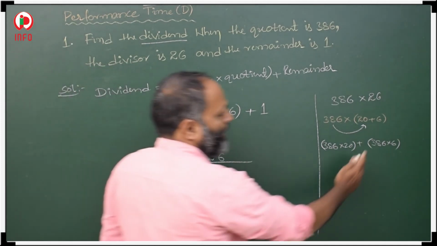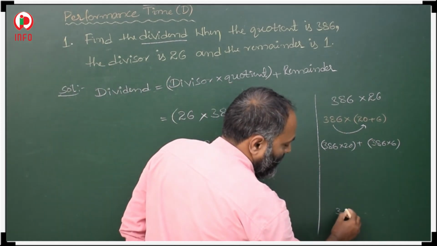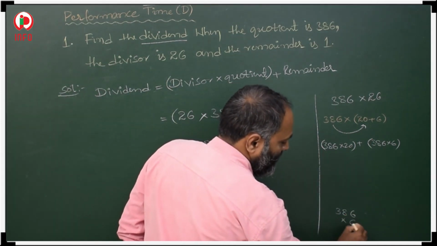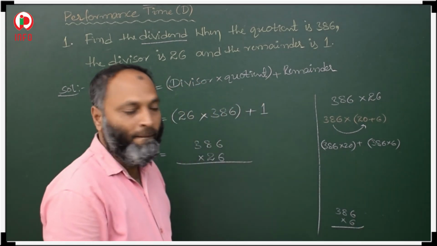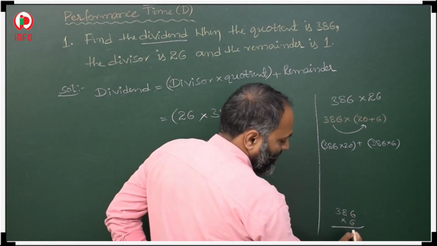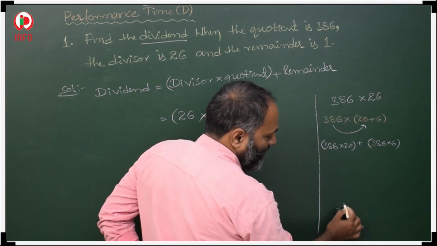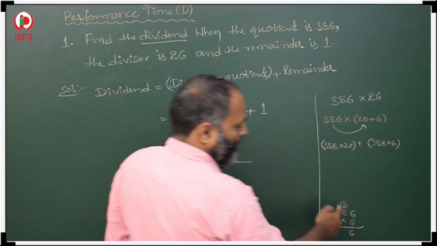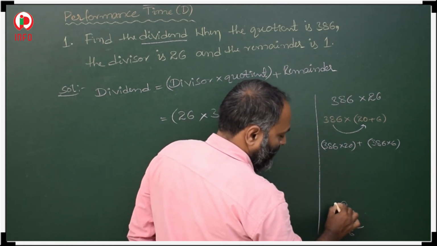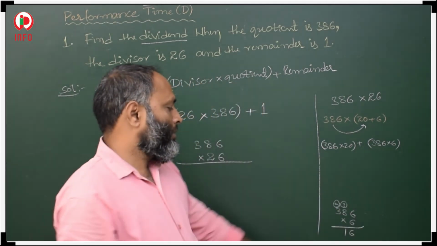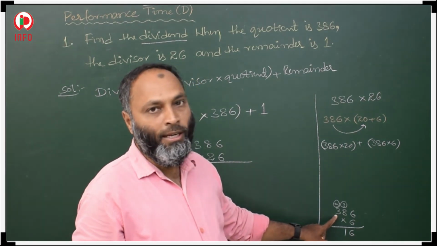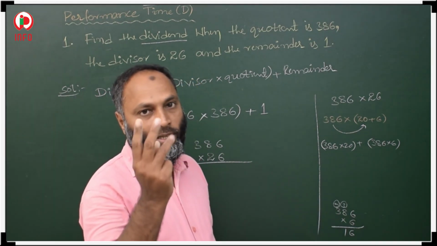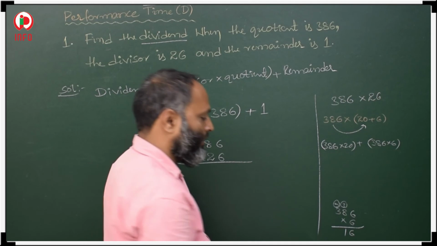Now multiply 386 with 6. 6 sixes are 36, 6 here and 3 here. 6 eights are 48, plus 3 is 51, 1 here and 5 here. 6 threes are 18, plus 5 is 23.